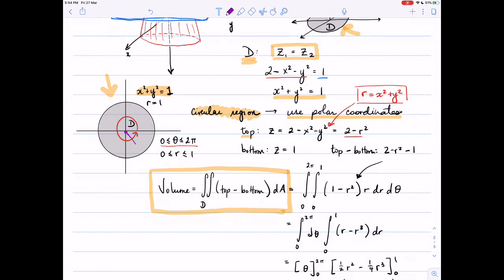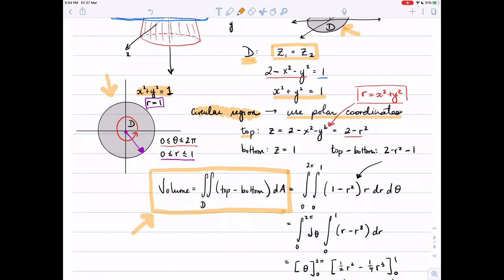So we want the radius that goes from 0 out to the boundary, and the boundary is the circle r is equal to 1. And so our inequalities for the radius r is 0 is less than or equal to r is less than or equal to 1.